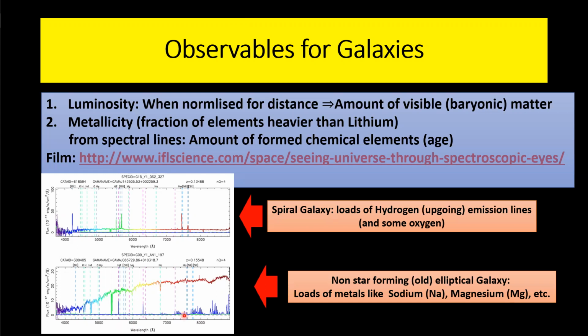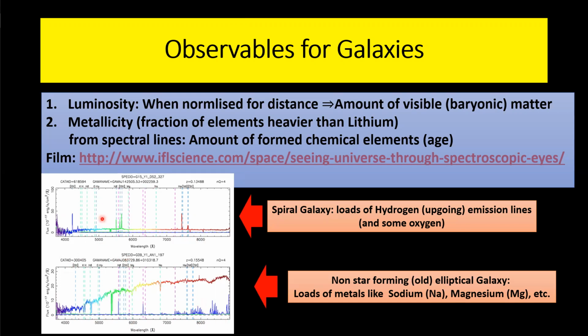And now it's quite interesting to compare the emission spectra from a disk-like spiral galaxy, and here emission spectra from an old or elliptical galaxy.